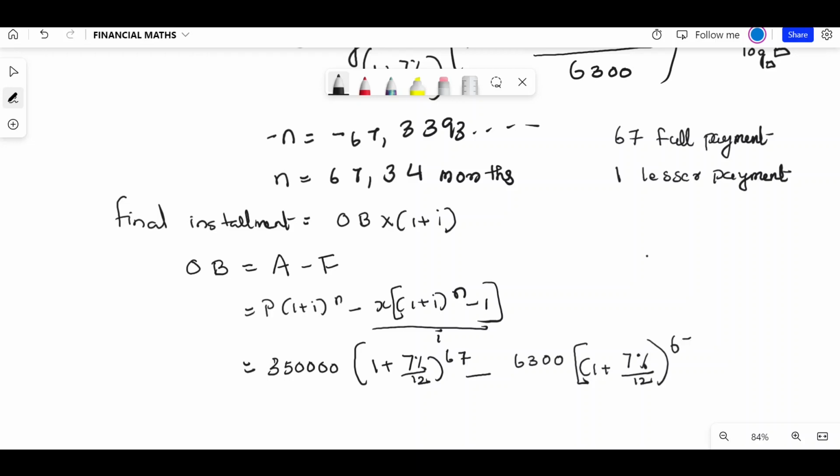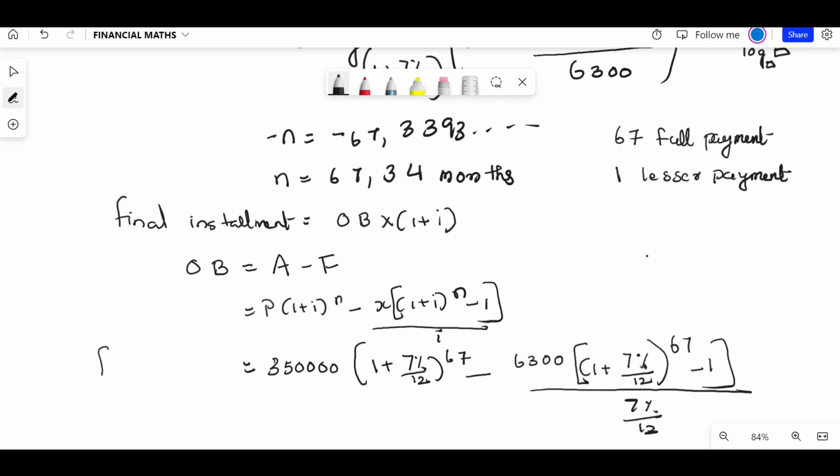So it's 67 minus 1 divided by i. i is 7% over 12. So you will get the balance outstanding. Let me write the final. As I told you, it's the outstanding balance multiplied by 1 plus i.